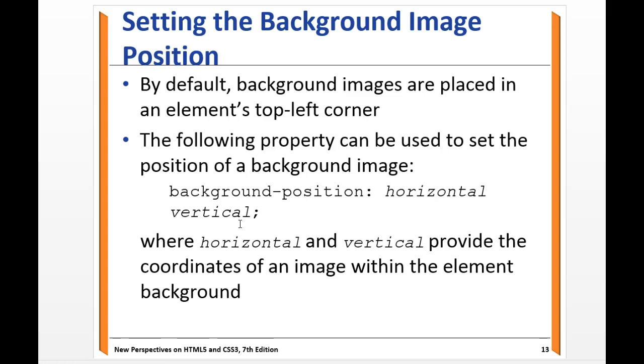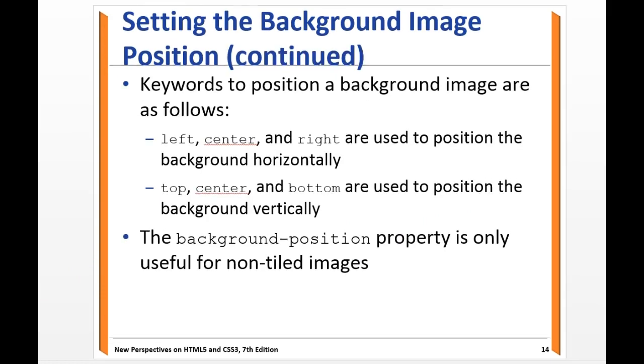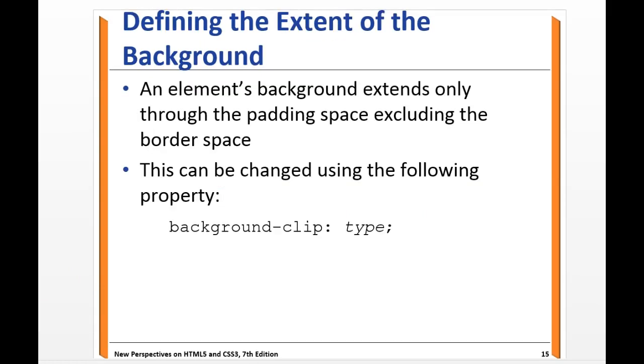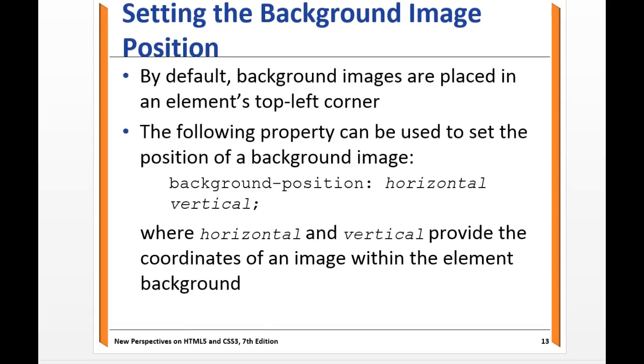So let's look at the example here. Oh, I forgot to put the image here. For instance, the background position could be in terms of percentage. You could have 20% and 10%, where that 20% is the horizontal part and 10% is the vertical.